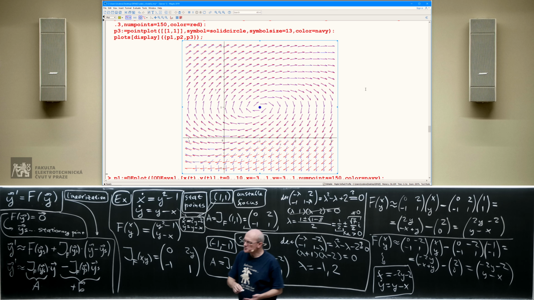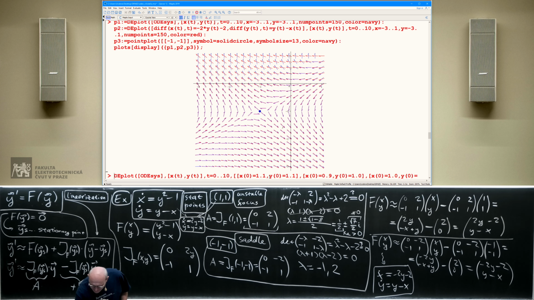And again, let's compare the two systems. Here we have another picture. Again, the blue arrows, that's the original system. And we see orbits, not the solutions. Let's be careful, these are the trajectories of the solutions. And the red arrows, that's the linearization. And just as before, when we go away from this point (-1, -1), then the red and blue arrows start getting different.